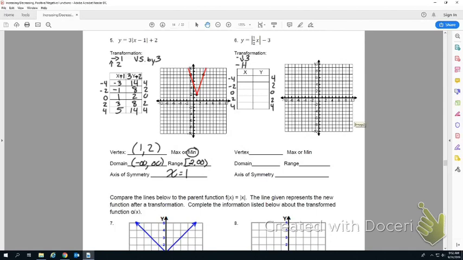By what number? By just 2. So if it is a horizontal stretch, is that going to affect my x's or my y's? X's, so I'm going to multiply all my x's by 2. If it's going down 3, what am I going to do to all my y's?